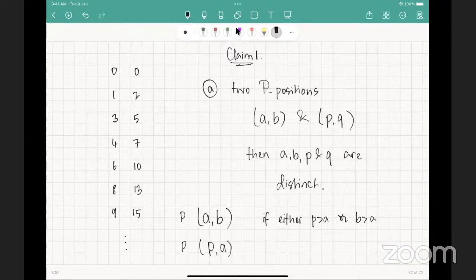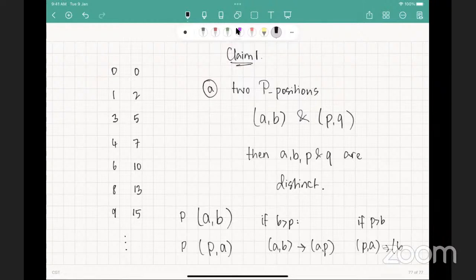So when does that make sense? Sorry, I think I got distracted for a moment there. In this case, if B is greater than P, then make this move. And if P is greater than B, then move from PA to PA. So I hope that makes sense.